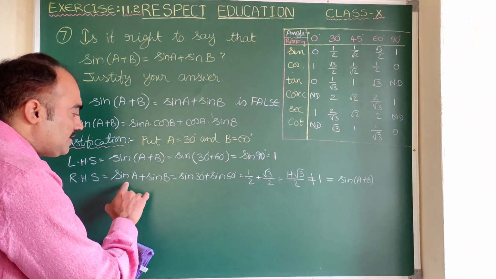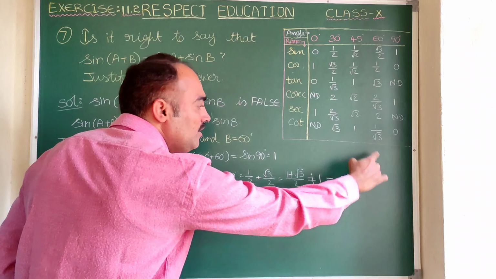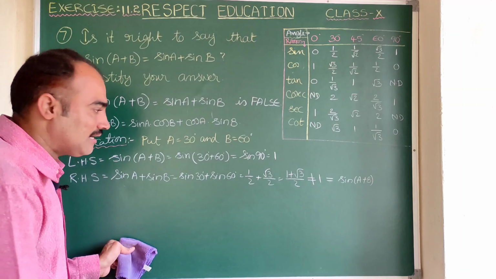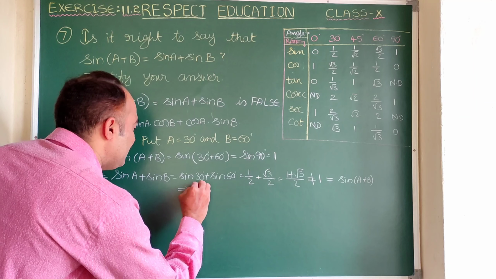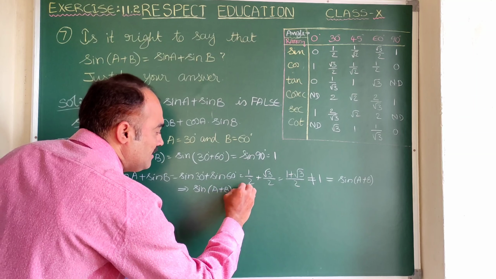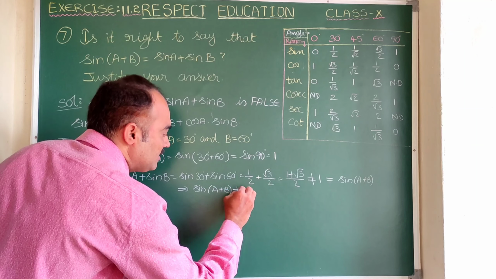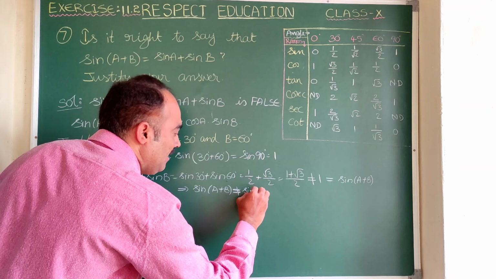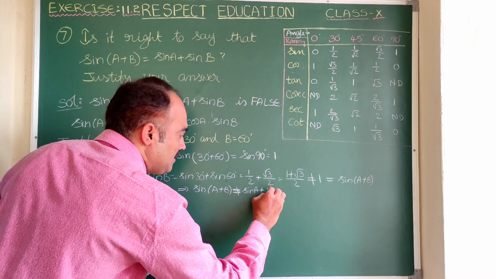So finally, sine A plus sine B is not equal to sine of A plus B. Is it clear? So here we can conclude that sine of A plus B is not equal to sine A plus sine B.